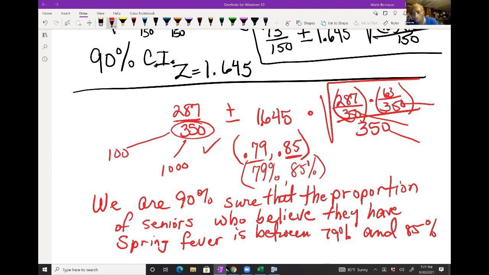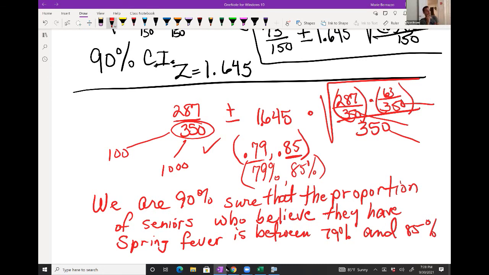Do you mean the more information you have is the sample size? Correct. So the larger your sample size, now remember, if you're increasing or decreasing it to 100, you have to change the numerator as well. What I'm getting at is that the bigger your sample size, the smaller your room for mistakes.